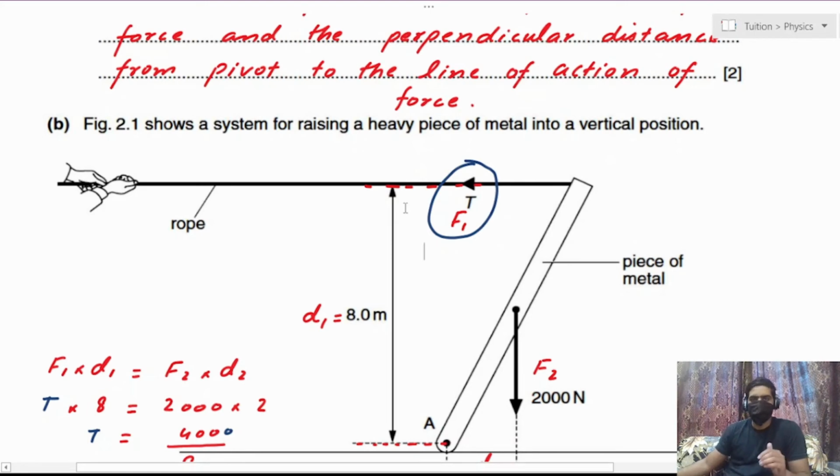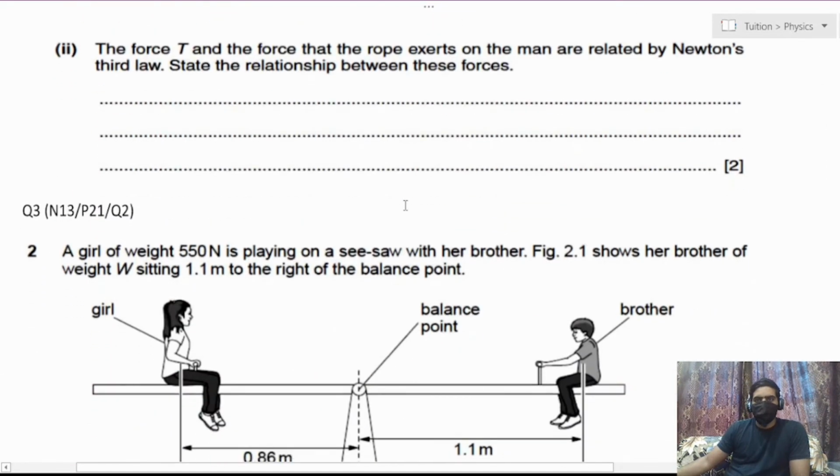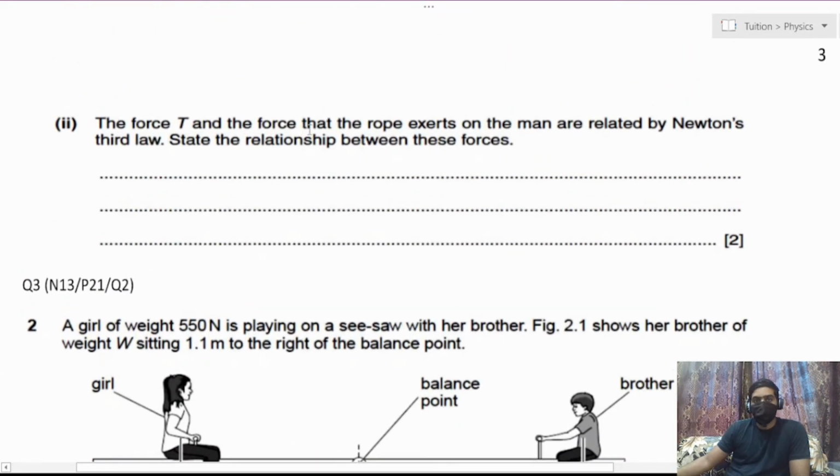So T is the force that the person is exerting on the rope. That force and the force that the rope exerts on the person are related by Newton's third law. State the relation between these forces.